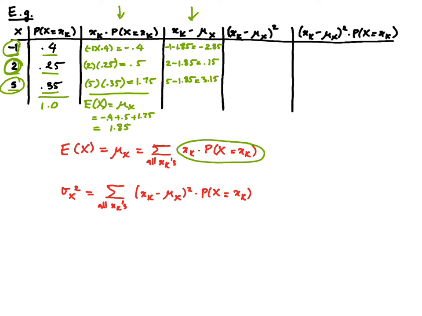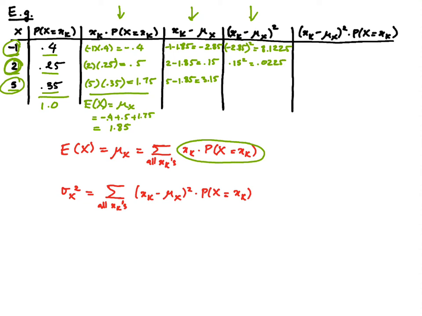Now in the next column, we have xk minus mu of x all squared. In order to fill out this column, all we have to do is square whatever we got in the previous column. So we have -2.85 squared, that gives us 8.1225. Then we have 0.15 squared, that gives us 0.0225.